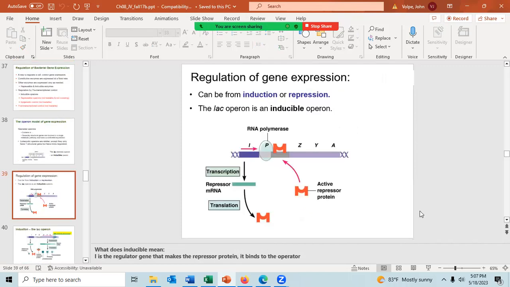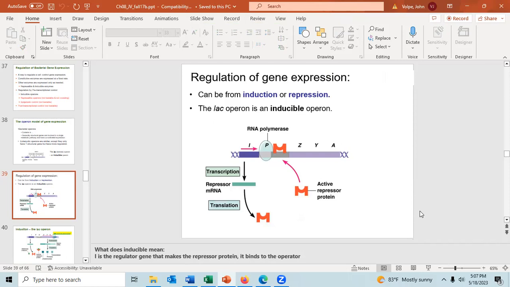All right, let's talk a little bit more about the regulation of gene expression. The lac operon is an inducible operon. There are two types of operons: inducible, with induction, and repressible, with repression.